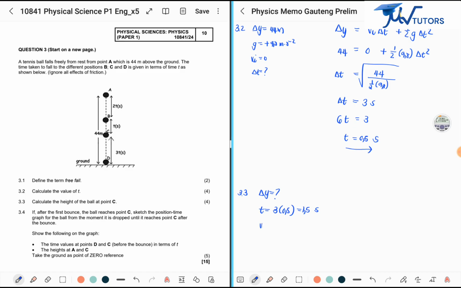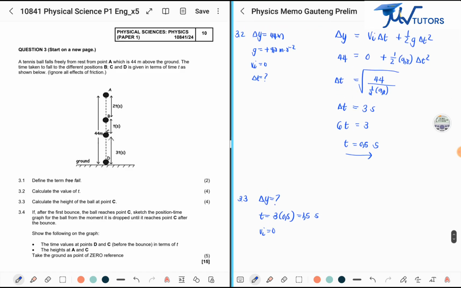What else? Our initial velocity is 0. So I think we're still going to use the same equation. Okay, let me just put this there. So we have delta y is equal to initial velocity, which is 0, times time, which is 1.5, plus a half, 9.8, and then we have 1.5 squared.